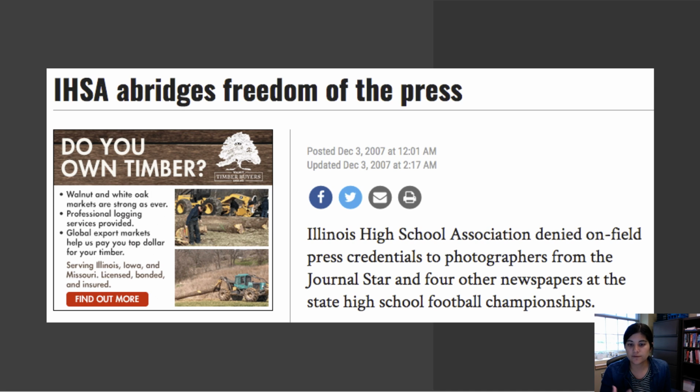So they would host the high school football championship events, and basically they had a contract with a photography company that would get those big photos right after the end of the game where the team was celebrating the victory. And because they wanted to make sure their paid photographers got the best photos, they were denying on-field press credentials to other members of the news media.